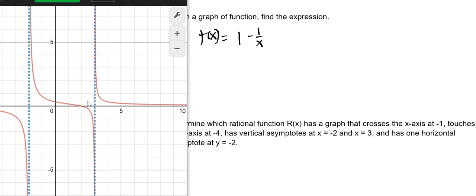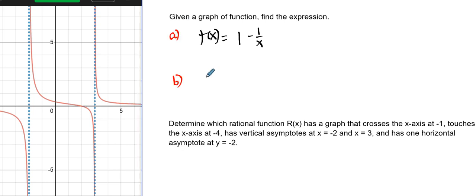So then you may guess my function f of x should have an x minus 3, since this is 1, 2, 3. So you might have a minus 3 here.